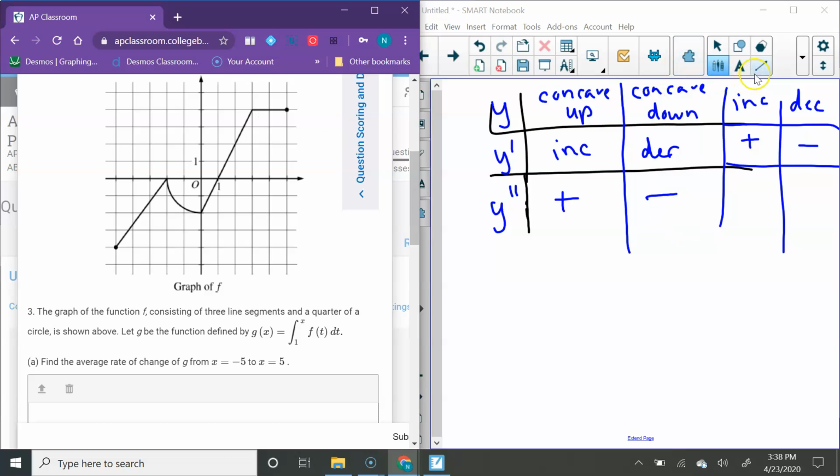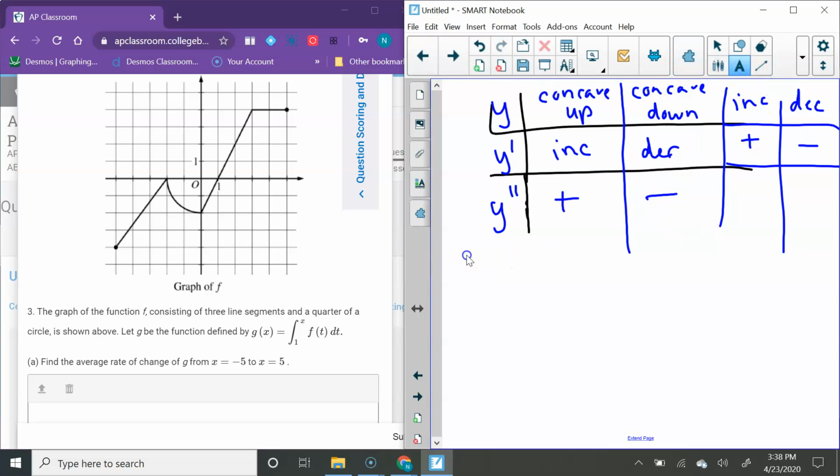So what we're going to say for that is that first I would begin with, since g prime of x equals f of x, which we stated on the last problem, so I'm not sure we have to say it again, but it doesn't hurt.